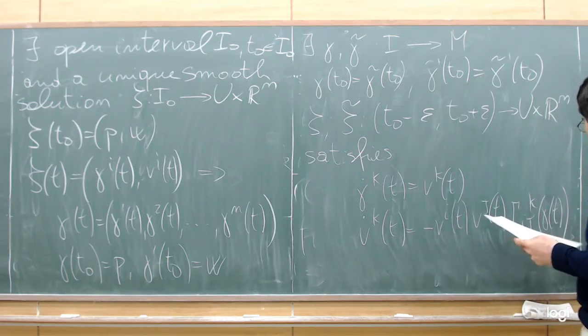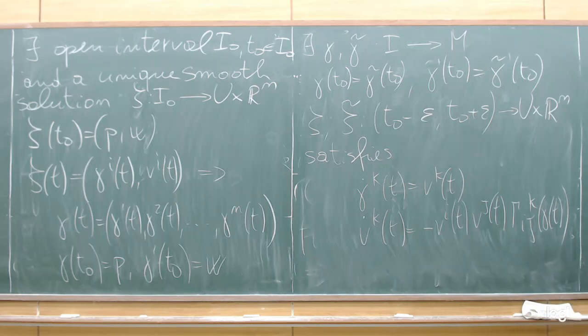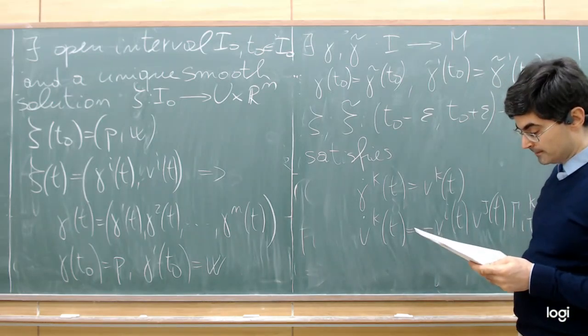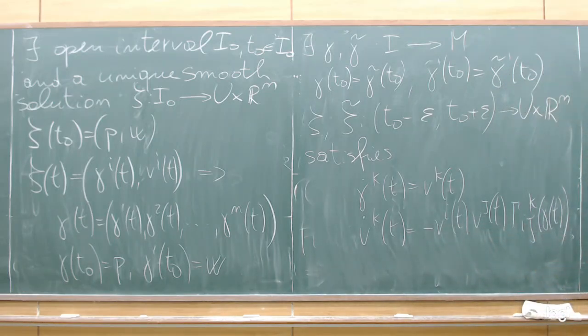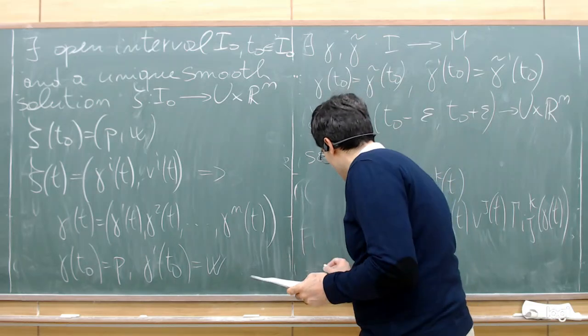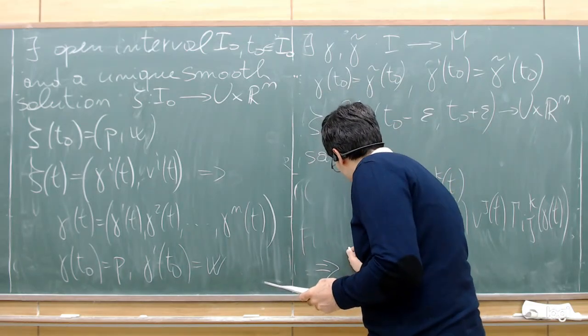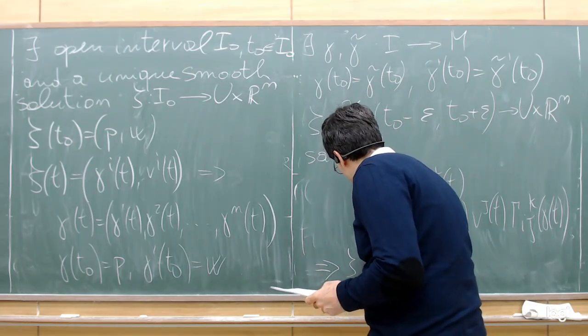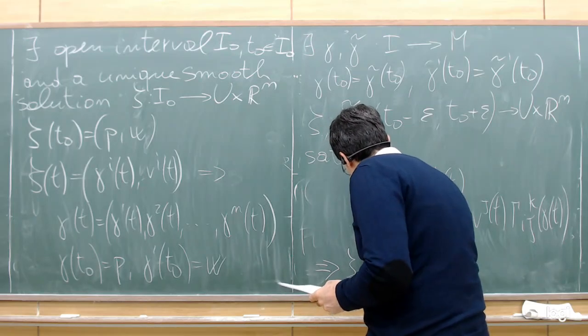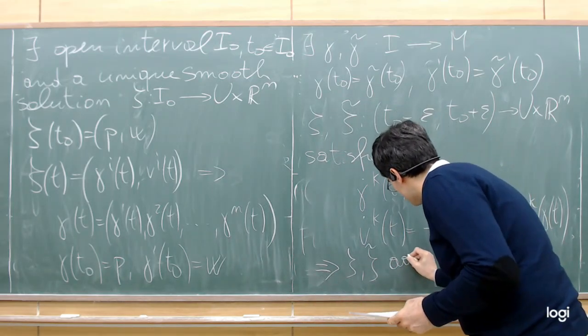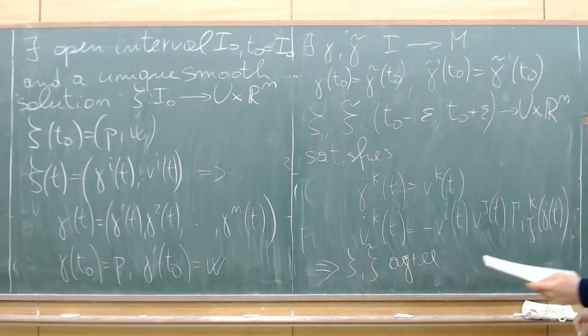Then you can use the theorem of uniqueness for the solution of a system of ordinary differential equations, and then you have that zeta and zeta tilde agree on an interval of this form.